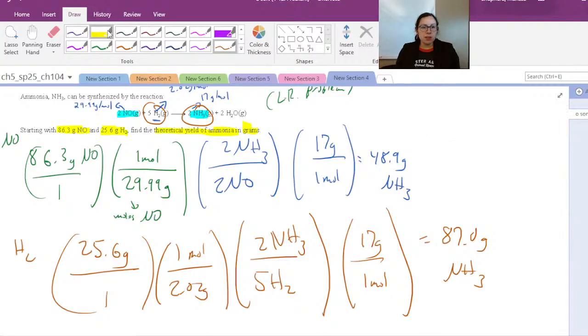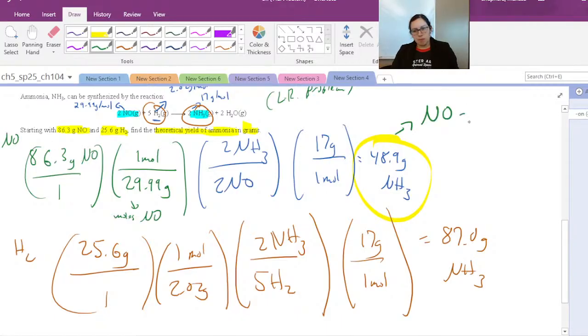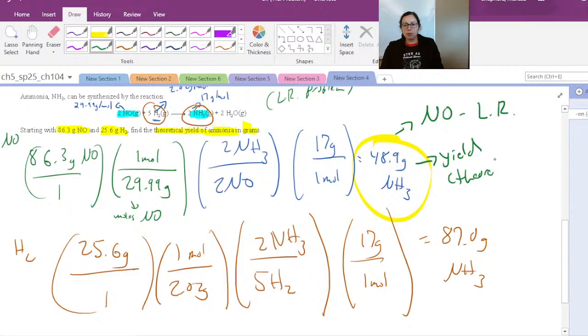Not a trick question. Just compare, which one's smaller? Okay, this one is the smallest amount. So that is telling us NO is going to run out first. So we could say that nitrogen monoxide is our limiting reagent then. And of course this is our yield, or again, our theoretical yield.